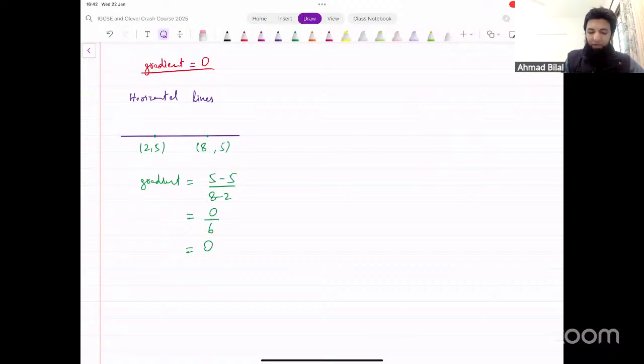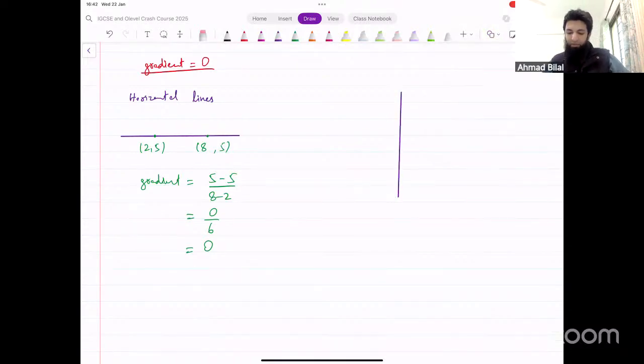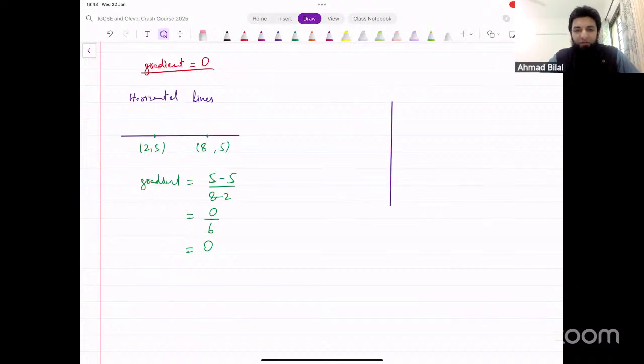Now, what about vertical lines? What if you have a line that looks like this? You have a vertical line like this. What about the gradient of this line? Again, let's understand it from the definition of gradient. First of all, what was the definition of gradient?